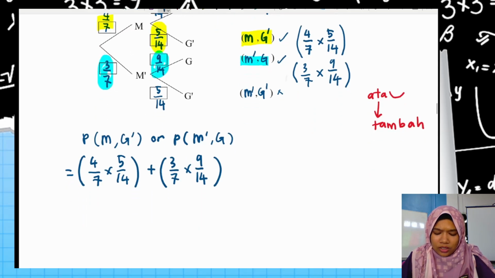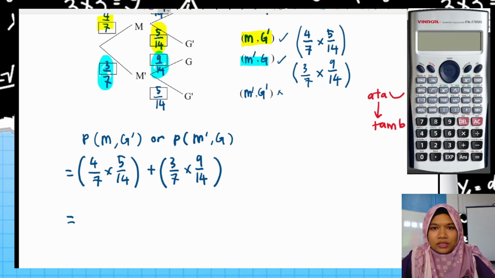Alright, and then awak guna je lah calculator. Okey, kita try tengok calculator. Tekan calculator. 4/7 times 5/14.